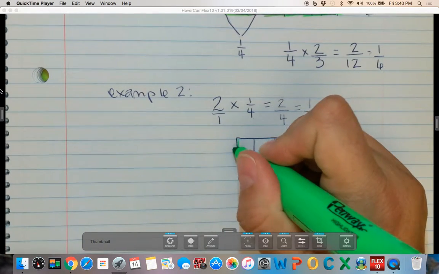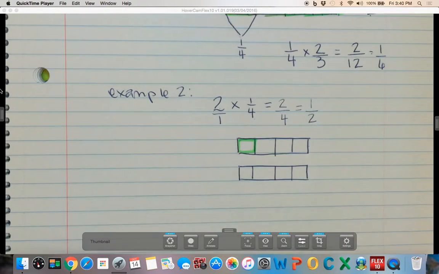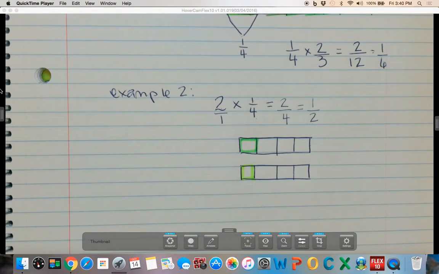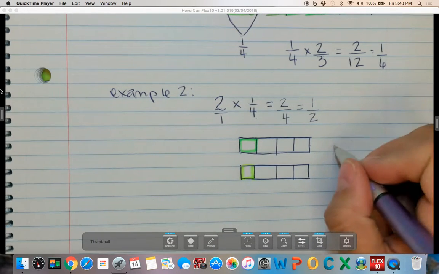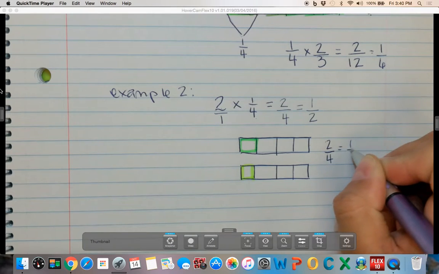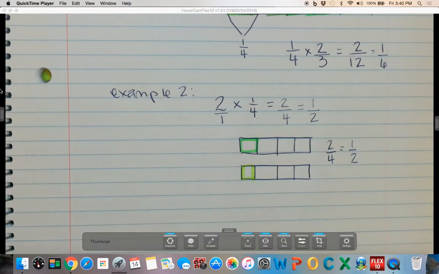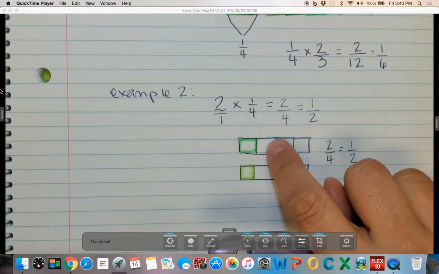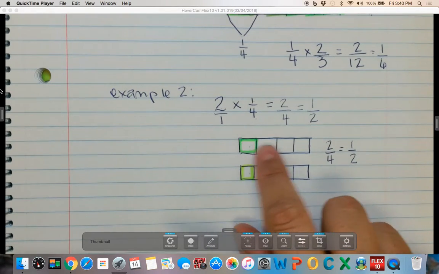So I have 1/4 in this one, and I have 1/4 in this one, and those 1/4s together are worth 2/4, which is the same as 1/2. If I were to put these two next to each other in just one model, you would see that it was half.